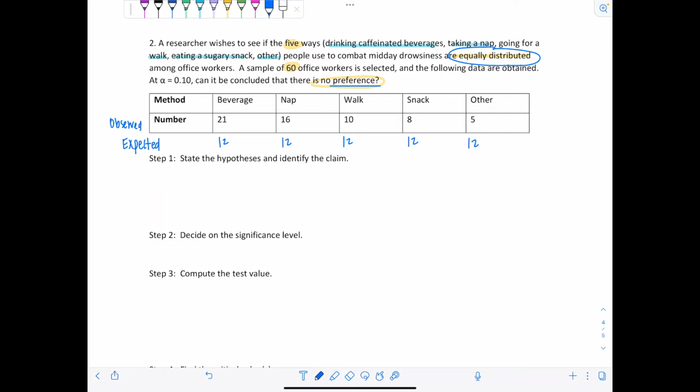Okay, so let's state the hypotheses and identify the claim. Null hypothesis is that there is no preference between the 5 methods. Remember, the null always has to include equality, right?